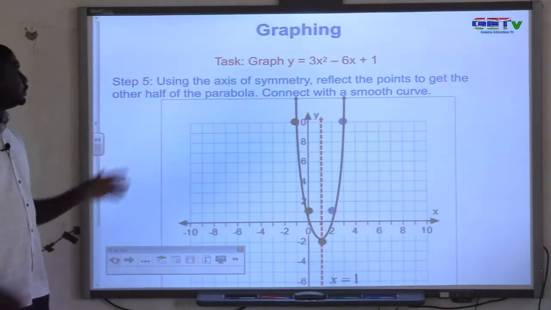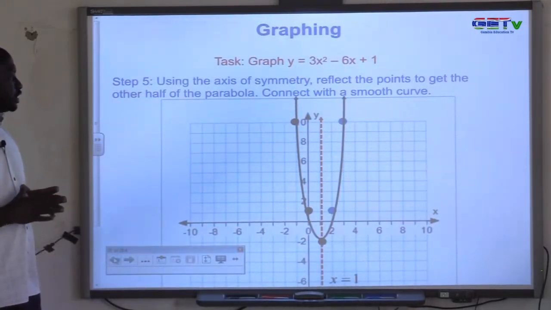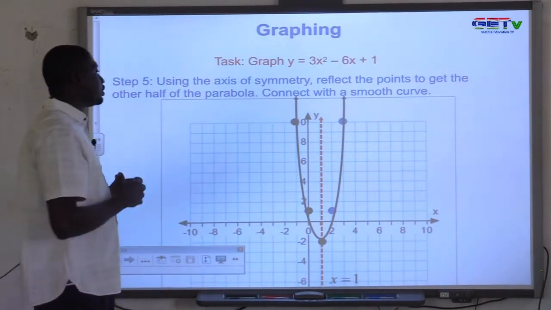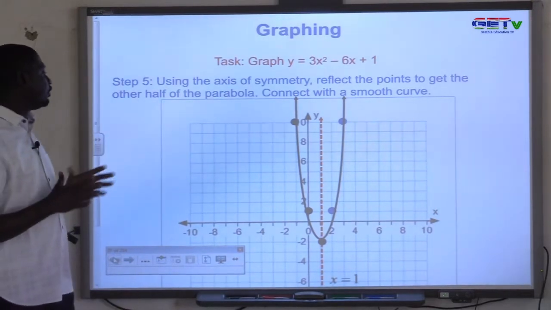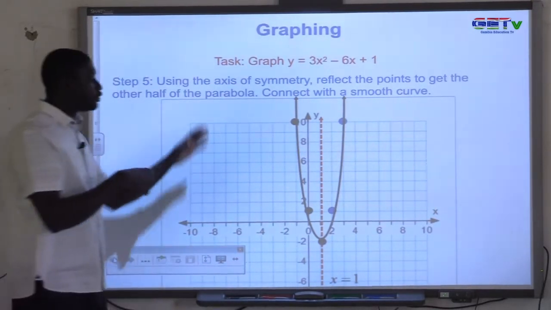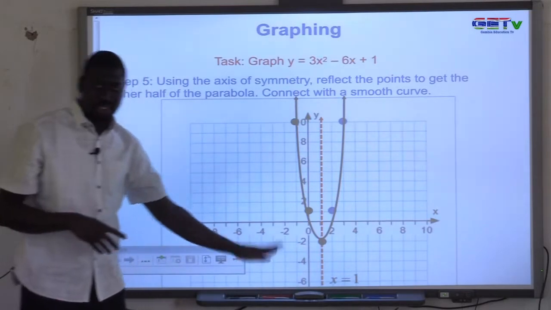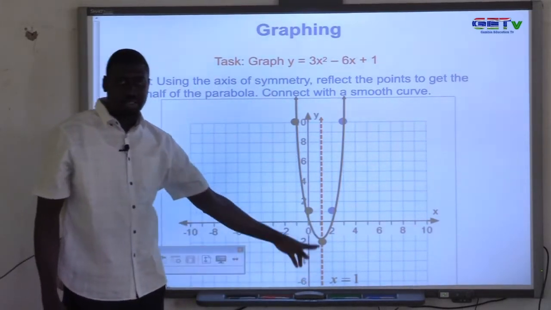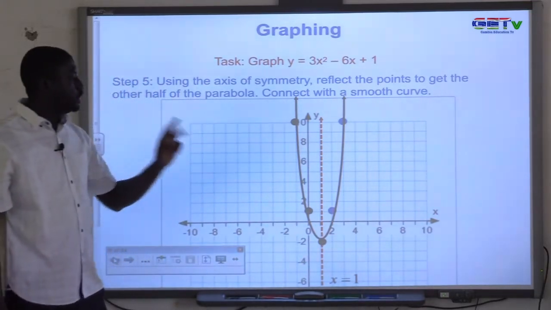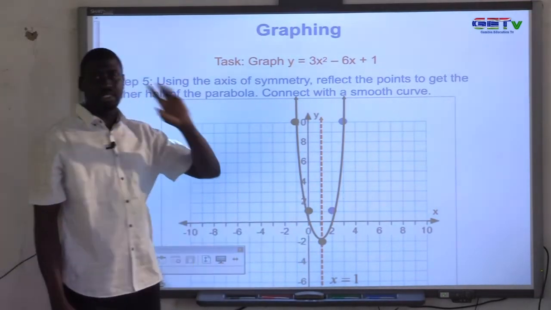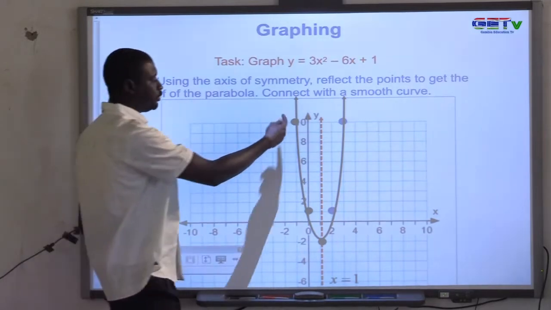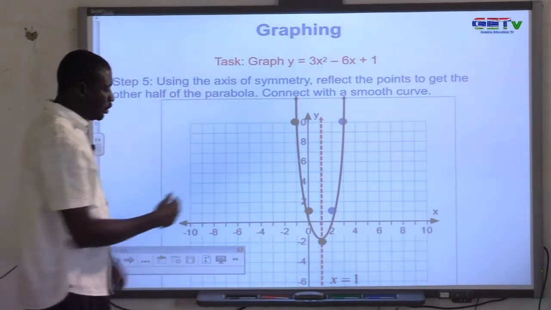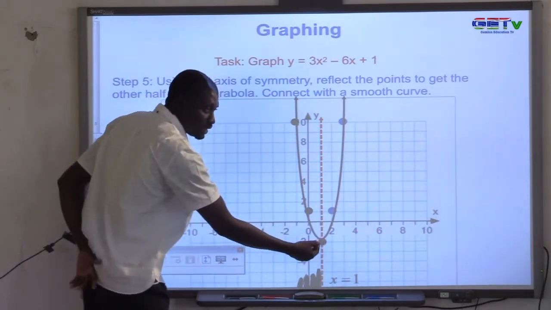Step 5. Using the axis of symmetry, or the line of symmetry, reflect the points to get the other half of the parabola. We find the line of symmetry, that's the first step 1. Step 2, we solve for the vertex. Step 3, the y-intercept. And step 4, the extra point that we've solved for here. In this step, we are to connect from the vertex.